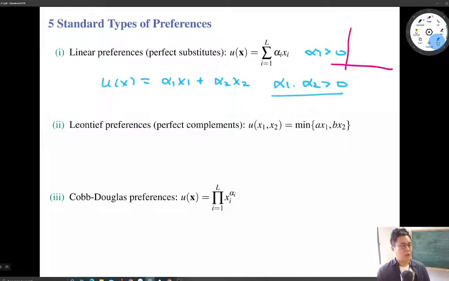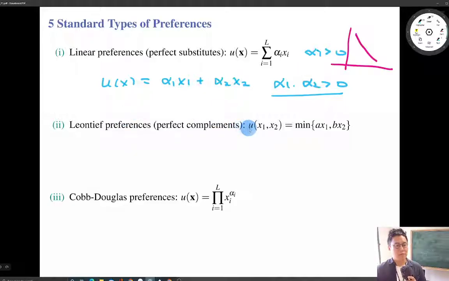So in the case of linear preferences, the indifference curve is going to be a line segment, right? That corresponds to the case where 2 goods are perfect substitutes. It can be substituted at a fixed ratio. This is one extreme case, and the opposite case is the Leontief preference. It describes perfect complements.